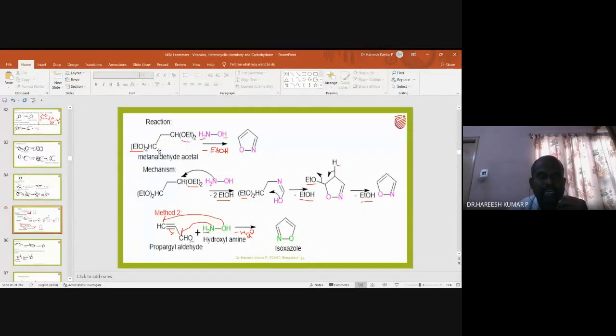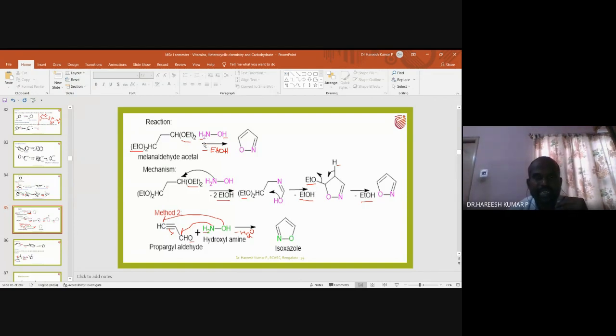So malonaldehyde is treated with ethanol in the presence of H plus to give malonaldehyde acetal. This CH is forming a bond with OEt and forming a bond with OEt. OEt means ethoxy group. The ethoxy group will act as a leaving group when there is a reaction with the nucleophile.